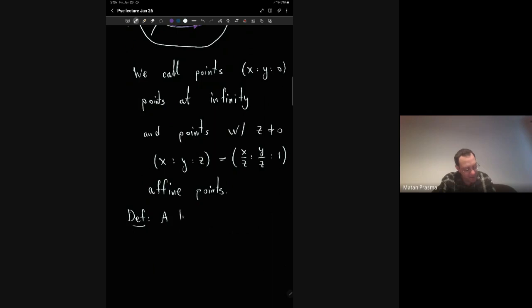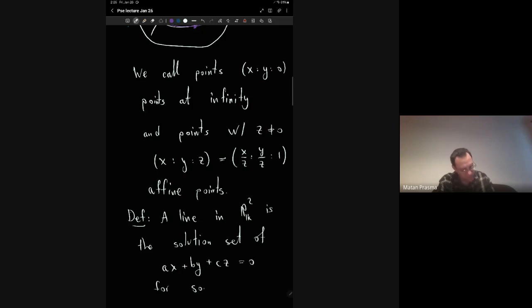A line in P K 2 is the solution set of an equation ax plus by plus cz equals 0 for some a, b, and c in the field.